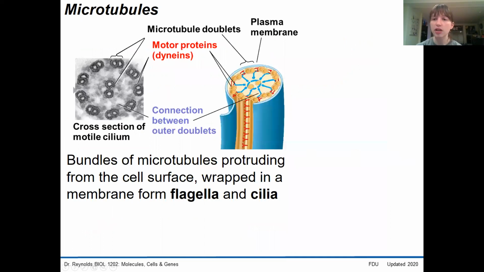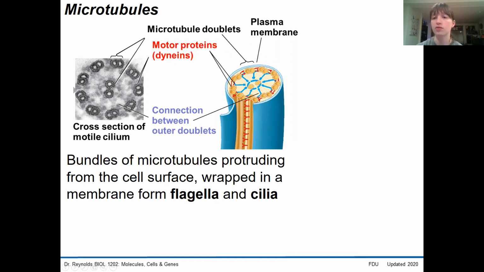When we take a look at how these microtubules are organized, not only are they a network throughout the cell organized as a centriole, but when they form structures like cilia and flagella, they're going to be creating these unique kinds of tubular arrangements with a central pair and then pairs arranged around that central pair.